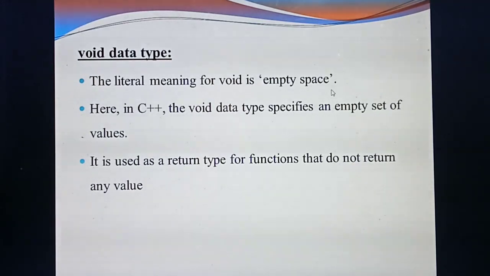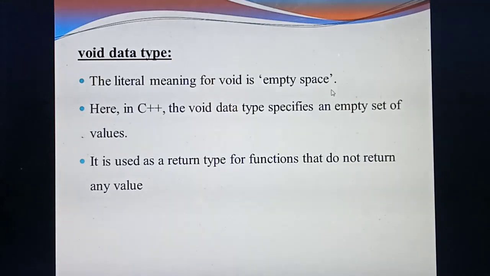If you use the void data type in the program, it means you are assigning an empty set of values. You are only declaring the variable, but you are not assigning any values to it. It takes only empty, that means null, values.